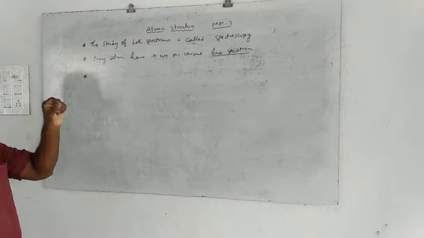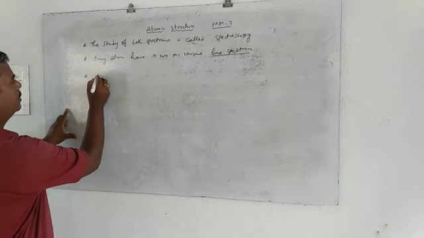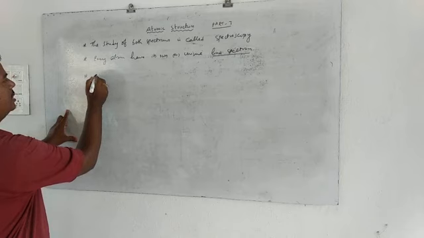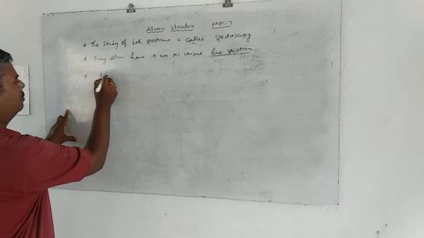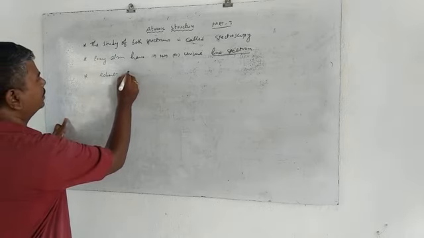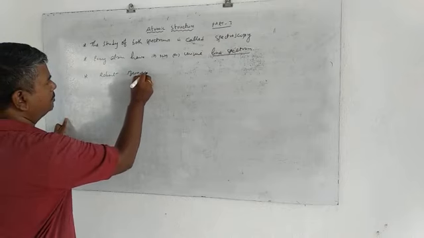The first study of elements by line spectra was given by a famous scientist, a German chemist, Robert Bunsen.